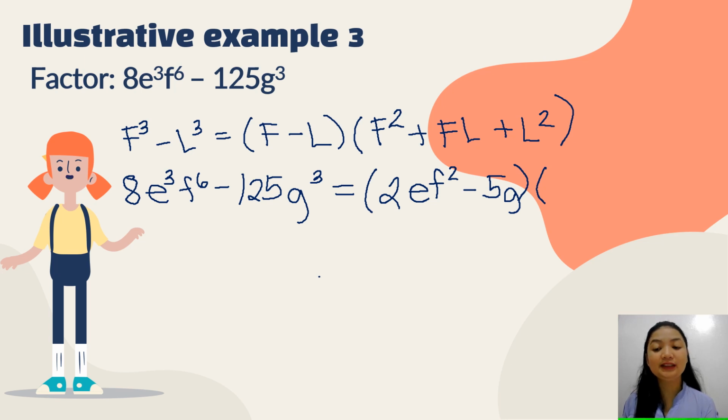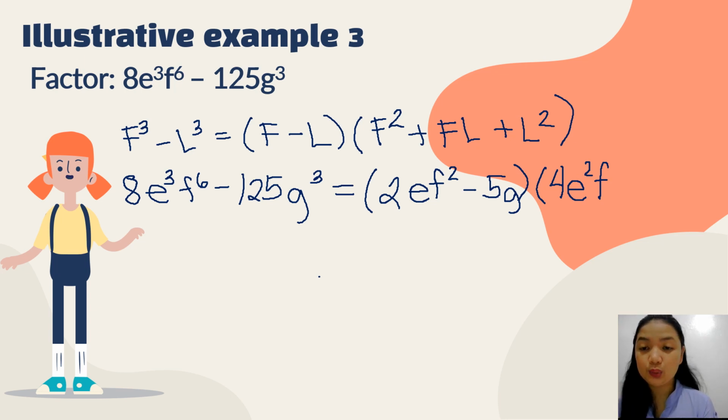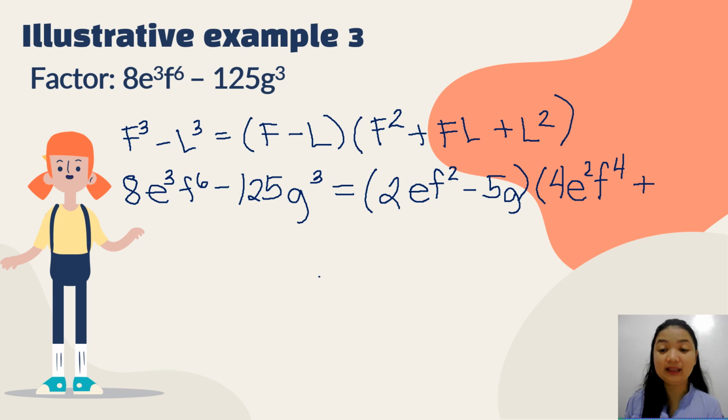And then for the trinomial factor, we simply square the first term. So that is 4, do not forget the numerical coefficient, e squared, and then f to the 4th. Plus first term and the last term.